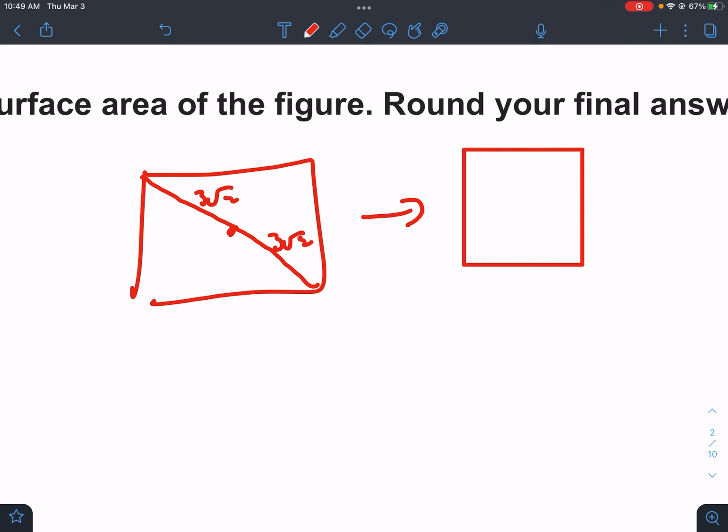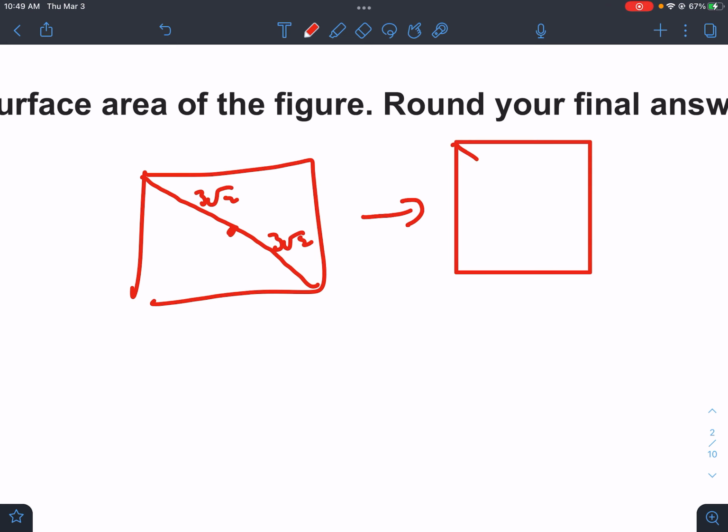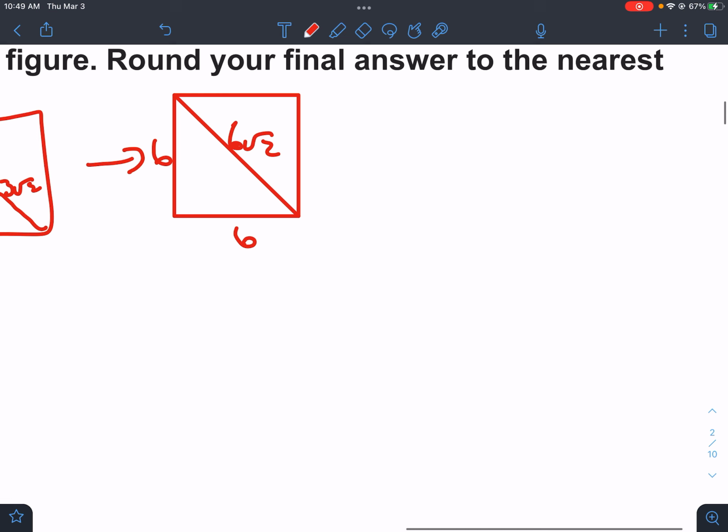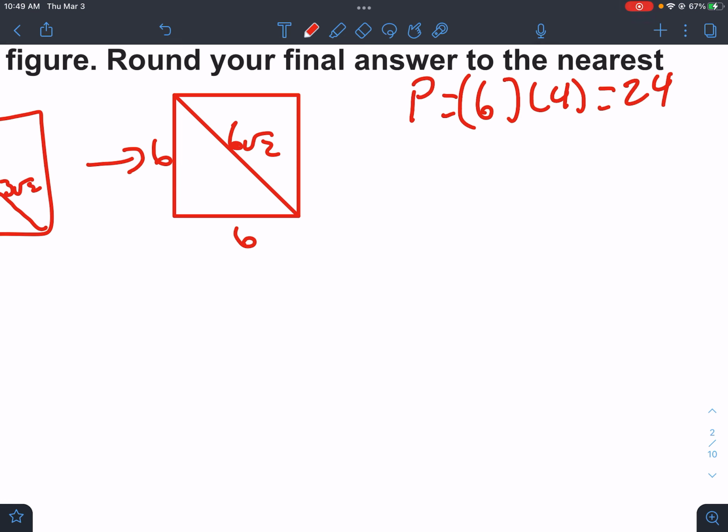So we're talking about a square that has a diagonal of 6 root 2, which means each side of the square must be 6. So the perimeter would be 6 times 4, which is 24. And the area is going to be 6 times 6, which is 36. Those are numbers that I need.